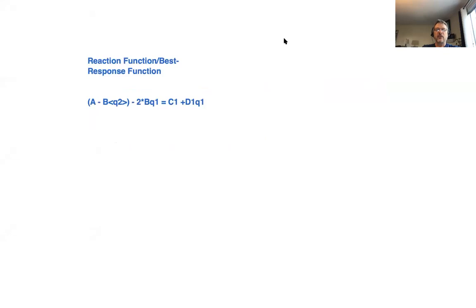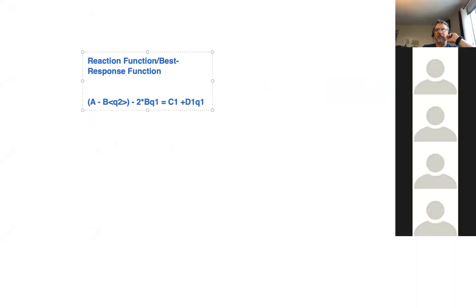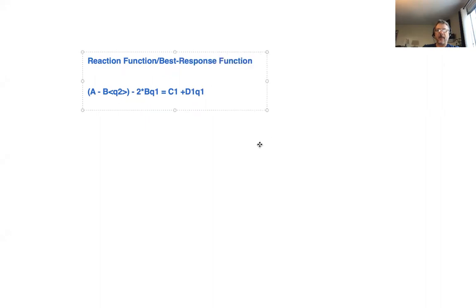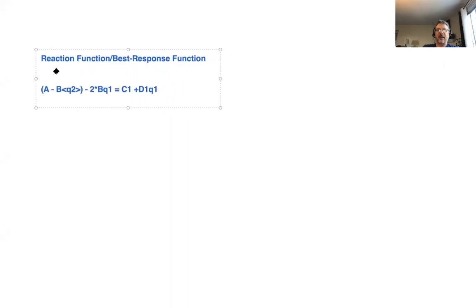Okay. So this is where we were when we left off last time. I'll stretch it out a little bit. But we have a couple of steps that we want to employ.